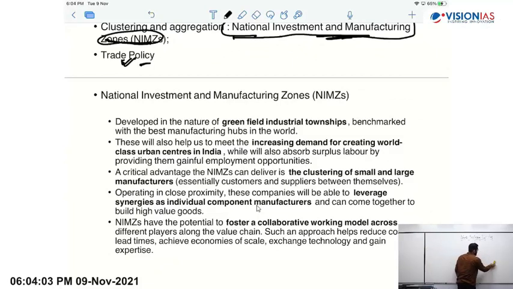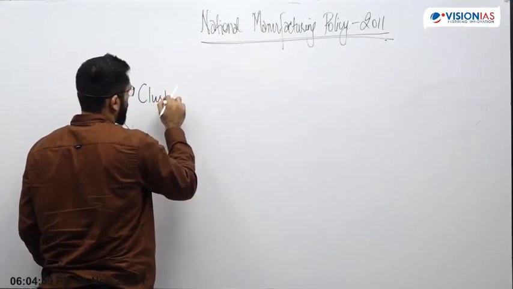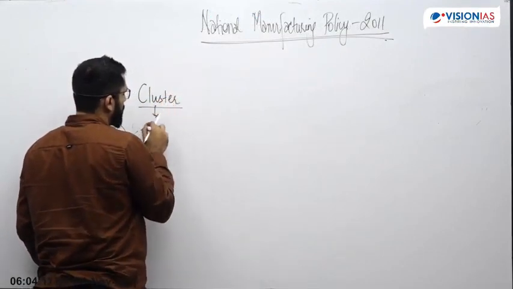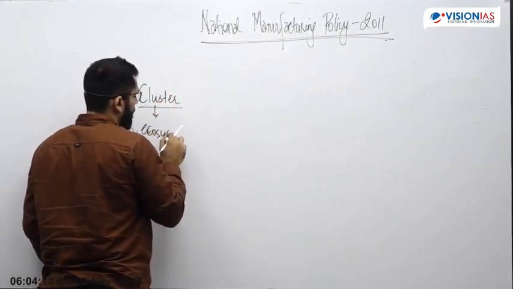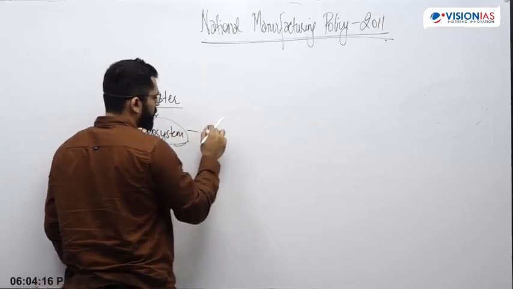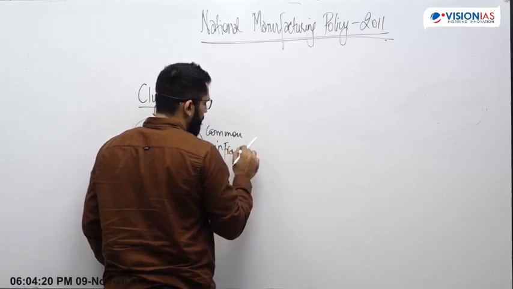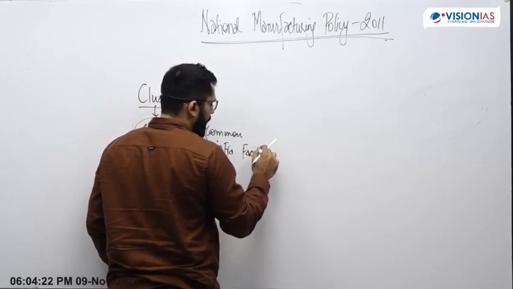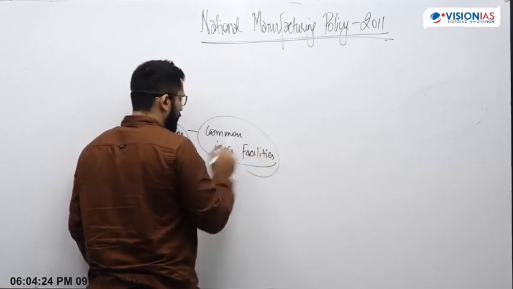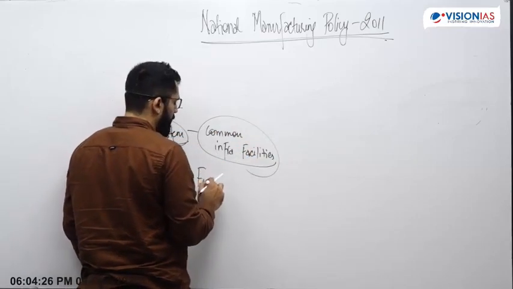See, industry develops when it gets the benefit of a cluster. That is, you get an ecosystem where you have common infrastructure facilities. In addition, you have forward and backward linkages.